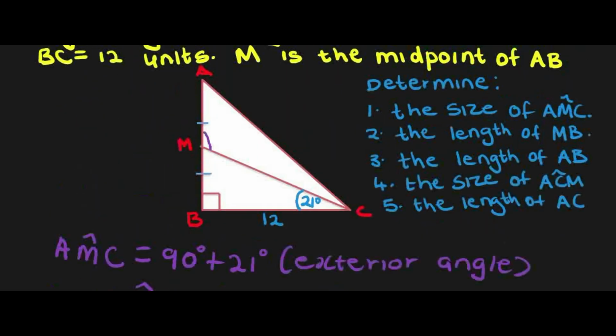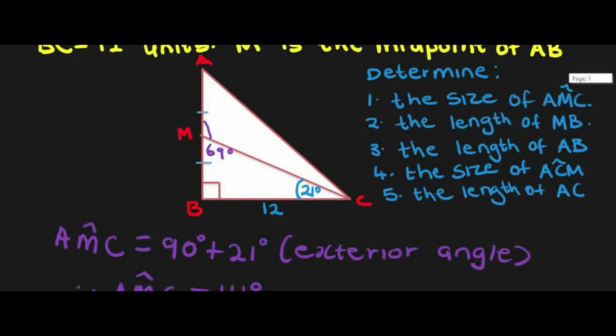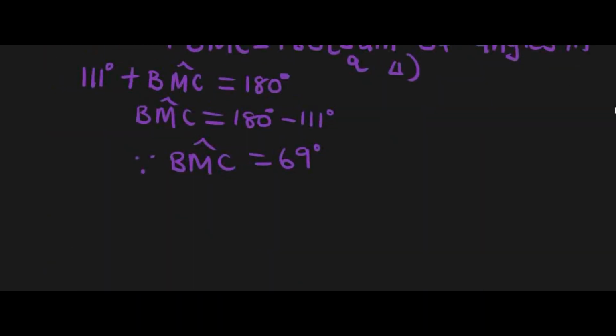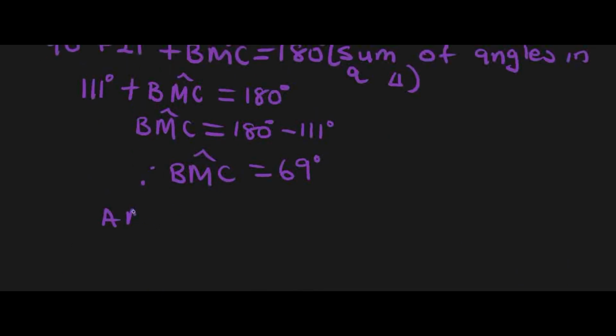Let us go back to our diagram. Now, we know that this angle is 69 degrees. Since these are adjacent supplementary angles, we will say angle AMC plus 69 degrees is equal to 180 degrees.